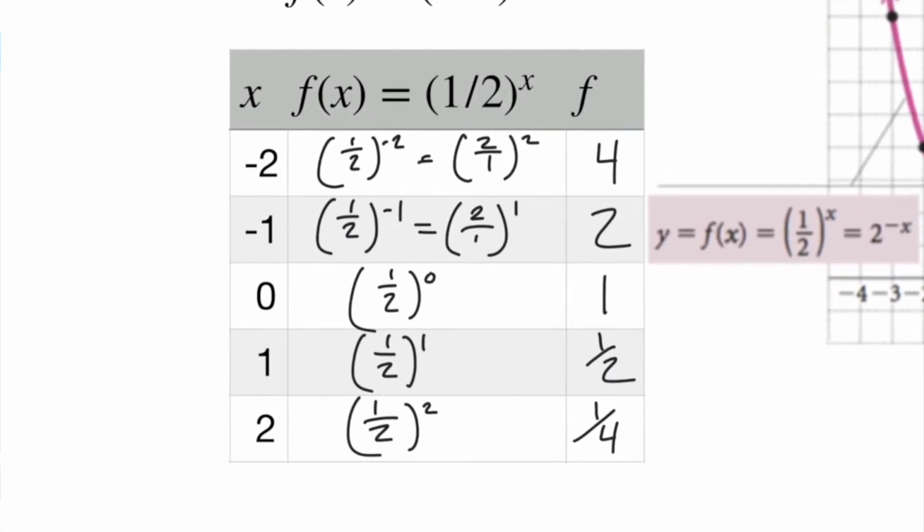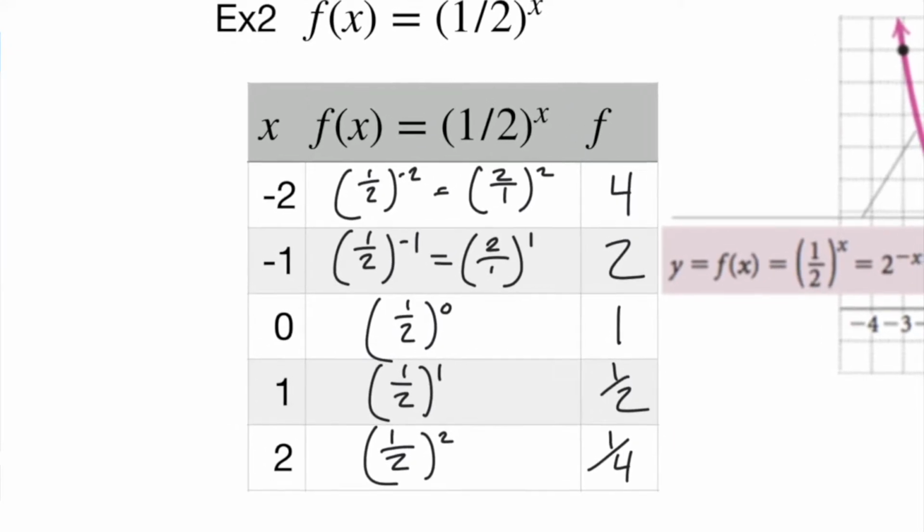Let's do the same thing, except what if the base is a fraction? So we are raising not 2 to the x, but 1/2 to the x. Well, let's start off with the positive ones first. 1/2 squared is 1/4. 1/2 to the first power is just 1/2.